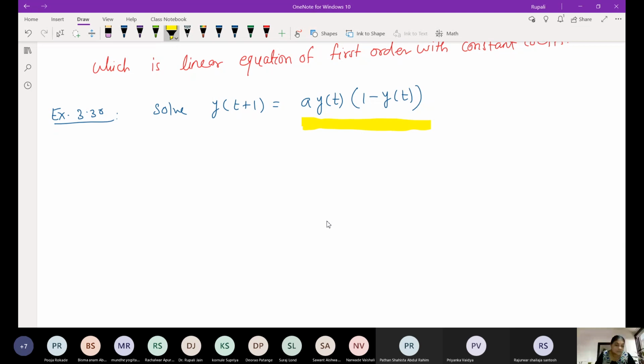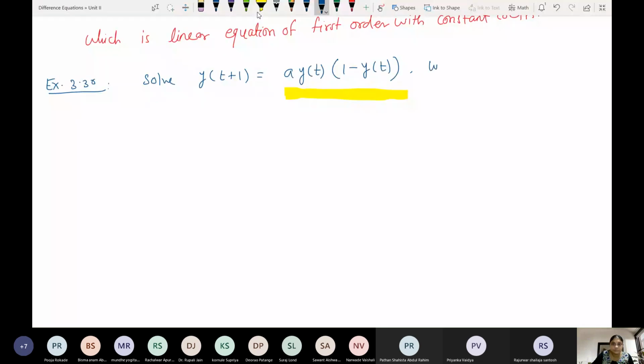So this is also known as the logistic equation or discrete logistic model in biology, where a is constant.